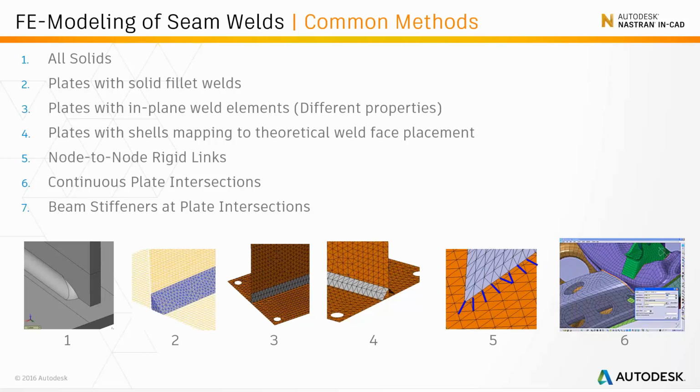The reason for maybe staying away from the likes of number 2 is the fact that in this instance, in using plates and solid fillet welds, we're actually using mixed mesh. We're using elements which are a two-dimensional planar element with a three-dimensional or solid element. And in doing so, we're adding unnecessary error to the calculation associated with it.